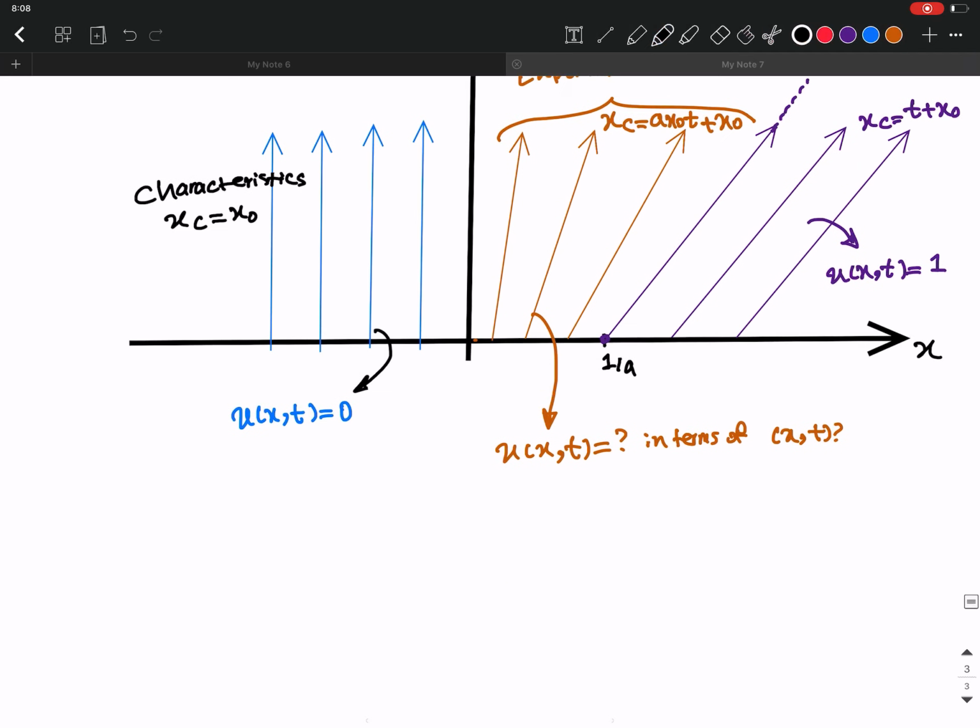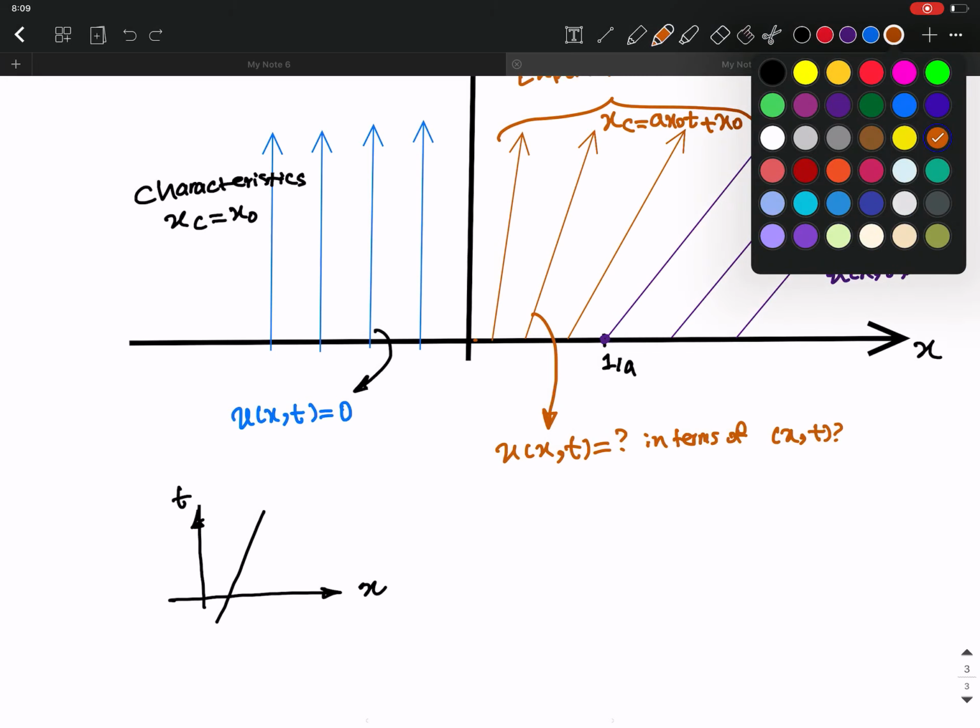Okay, so let's answer this question. Say we have a line here, and this is x and this is t. And I want to find the solution here.